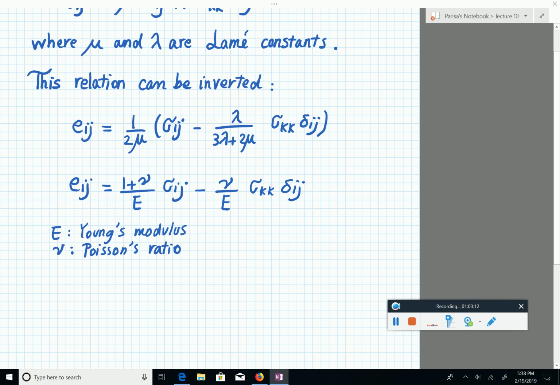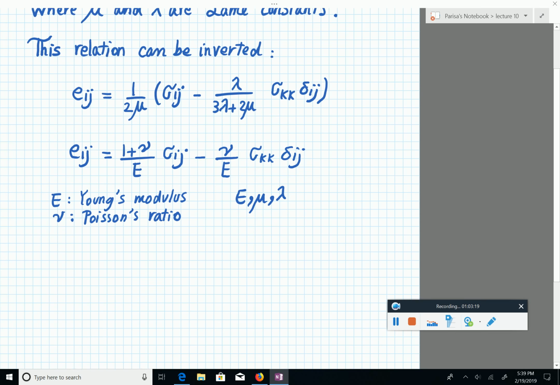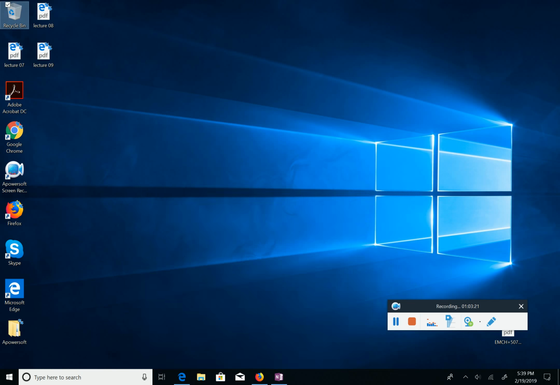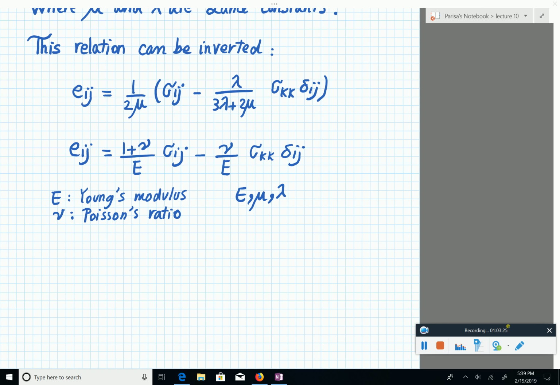So E, mu, and lambda have the same dimension as a stress, and you all know that nu is dimensionless.